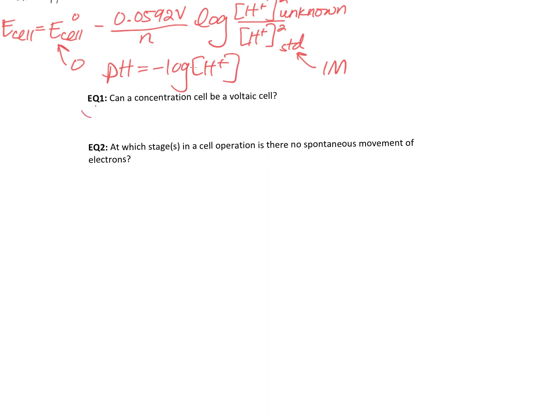If the concentrations between the two species were the same, that means there's no change that's going to occur. There's no transfer of electrons because neither one of them has a greater potential than the other since they have the same products and the same amount of each product in there. So concentrations just need to be different.